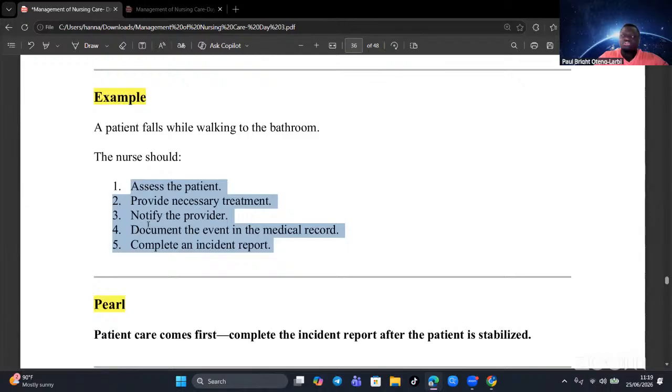Was the out of hours provider or doctor called? If you work in a care home, out of hours means the normal working days are Monday to Friday, 8 a.m. to 5 p.m. or 6 p.m. So the night nurse came. Did you call 999 or the emergency line to speak with a doctor, or 911? Document the event in the medical record. Was it done? Then was an incident report also done? So this is what you, the nurse manager, should also check for.